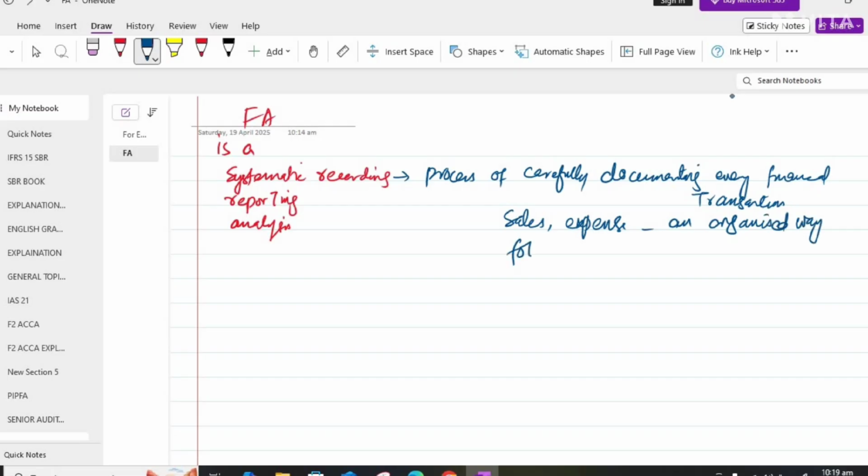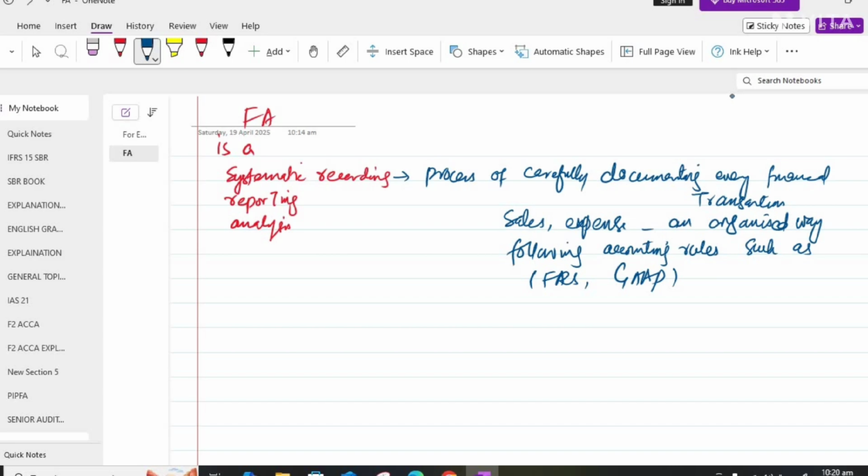And for that you have to follow the accounting rules, and you know what the rules are, like IFRS and GAAP. These rules you have to apply.